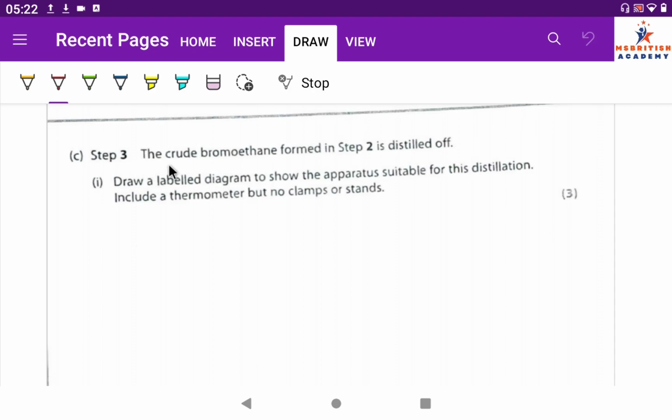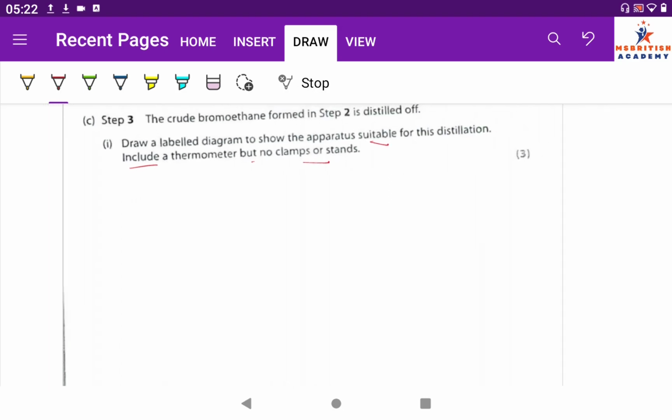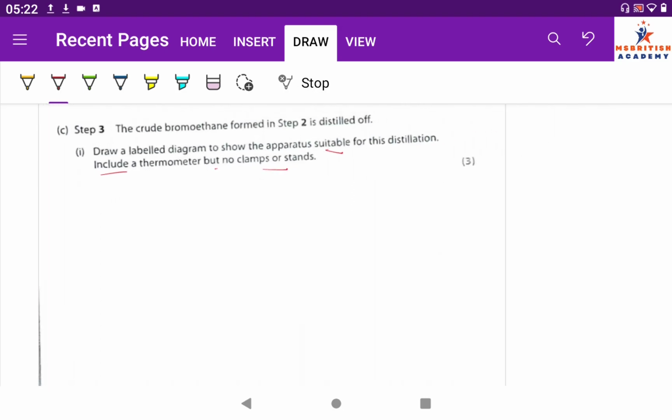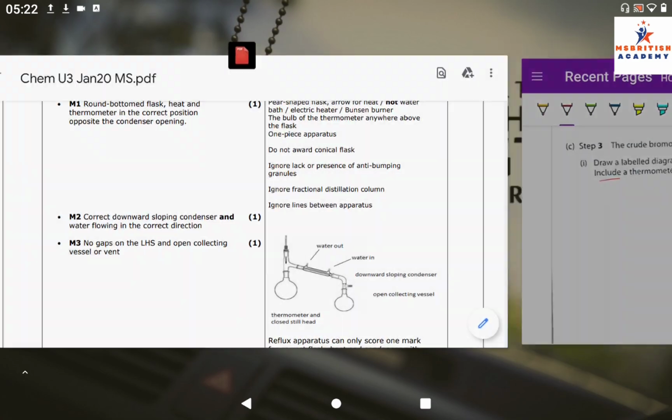Step 3, the crude bromoethane formed in step 2 is distilled off. So draw a labelled diagram to show the apparatus suitable for this distillation. Include a thermometer but no clamps or stands. So for this question we will take help of the mark scheme.